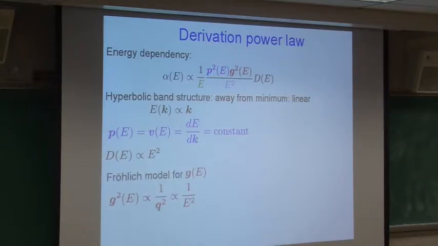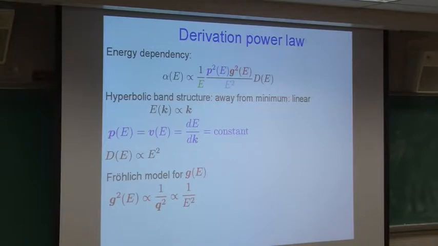And that's where this earlier mentioned Fröhlich model comes in handy. Because if you remember, it said that your electron phonon matrix element is proportional to 1 over your Q. So the square of it is proportional to 1 over Q square, or proportional because of your linear relationship to 1 over energy square.